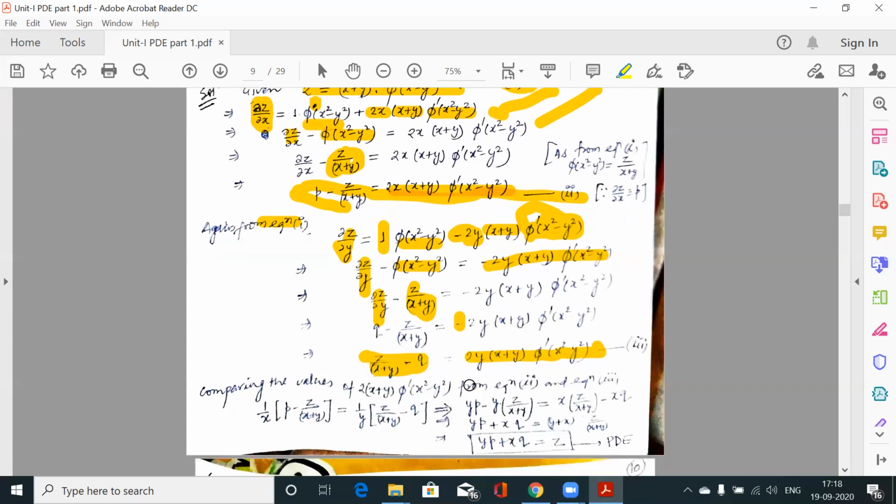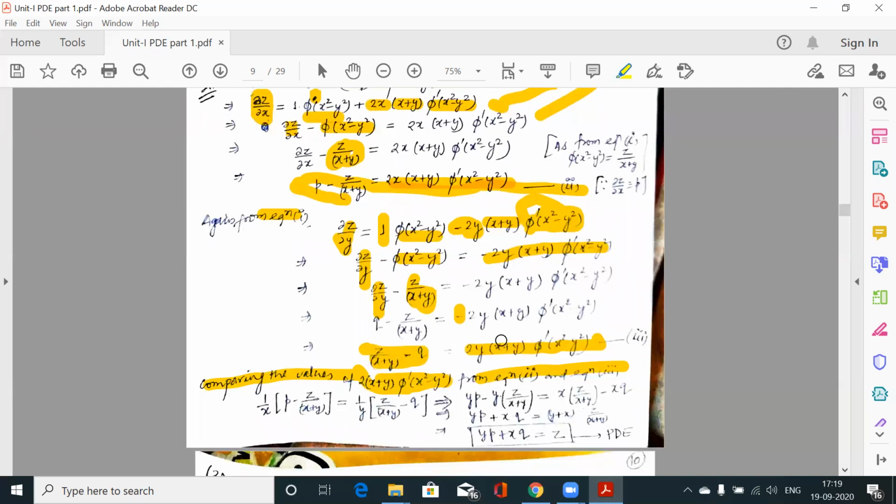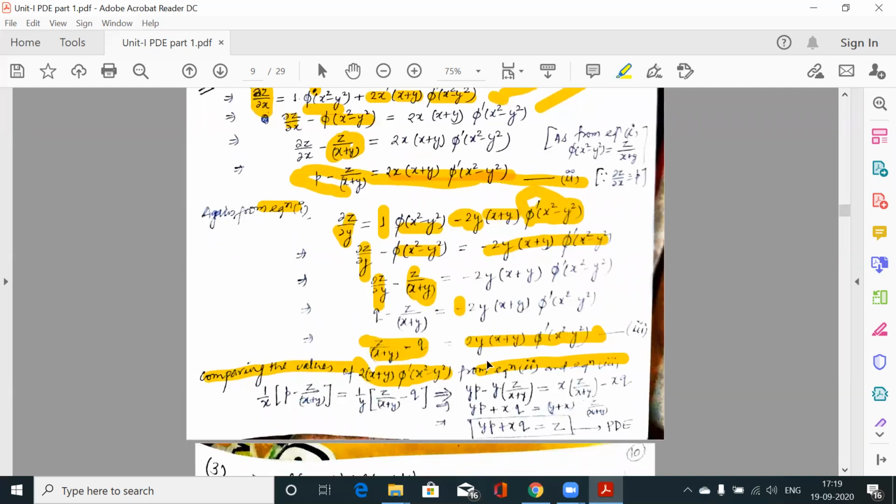So I am just comparing the values of 2x plus y phi dash from equation 2 and 3. Equation 2, 2x plus y phi dash, what is that value? That value is p minus z over x plus y over x. Okay. This 2 times x plus y phi dash is equal to, this x would be on the denominator, p minus z over x plus y over x, and again from this 2x plus y phi dash would be equal to z over x plus y minus q over y.